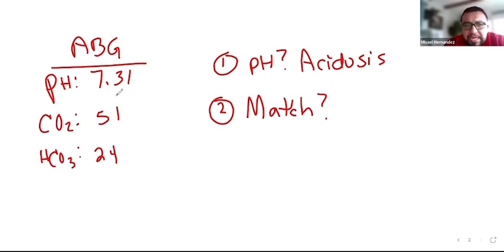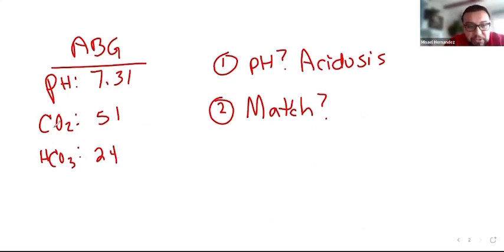So when you're doing an ABG, number one, it's acidosis. We've determined that already. Which one of these matches that? In other words, which one, in large or small volumes, would represent either acid or base? In this case, which one represents acid? If we have too much of this, then of course we would have too much acid and it would lower the pH to make it acidosis.